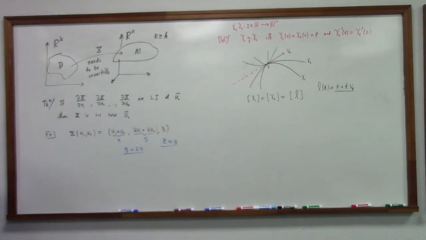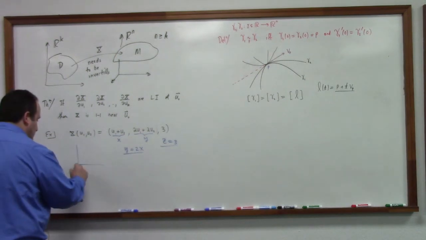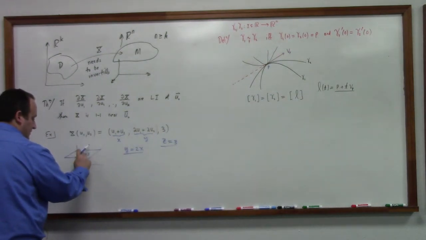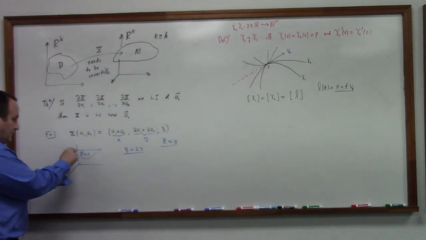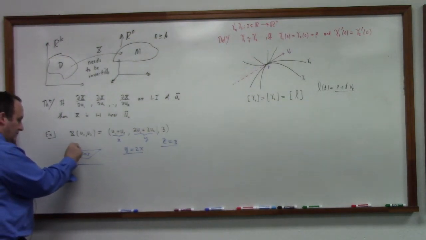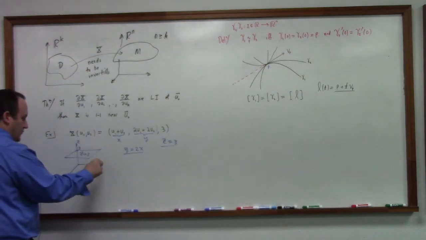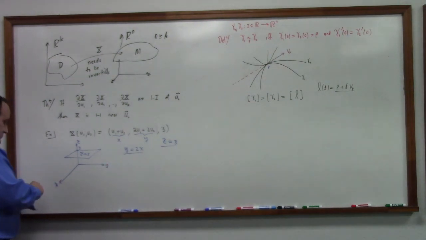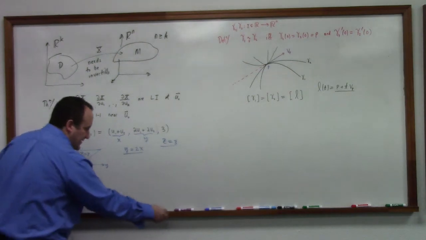Is that a surface? So here's z equals 3. That's a plane. And what's the other one look like? Y equals 2x, a straight line.